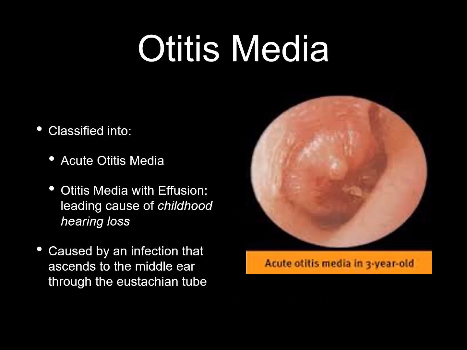Diseases of the middle ear. Otitis media is classified into acute otitis media and otitis media with effusion, which is the leading cause of childhood hearing loss. It is caused by an infection that ascends to the middle ear through the eustachian tube.